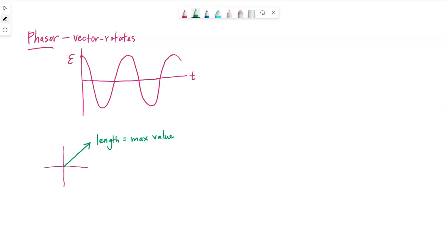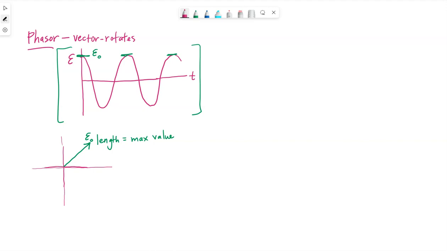So in the case of our function representing our source voltage, the length of this would represent the peak value of the source voltage, the maximum value that the source voltage ever reaches. Now the purpose of the phasor is to help us visualize the value of the voltage at any given moment in time.